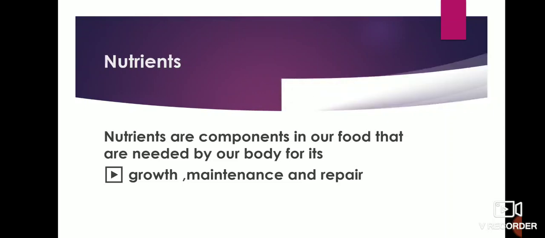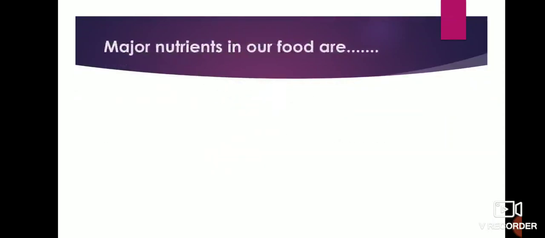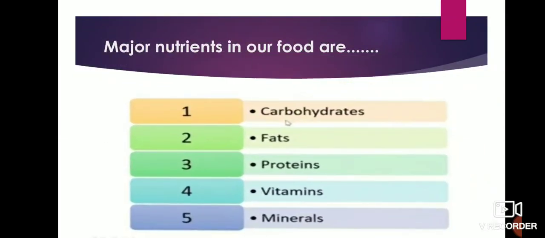The major nutrients in our food are carbohydrates, fats, proteins, vitamins and minerals. In this chapter, we study in detail about all these nutrients.